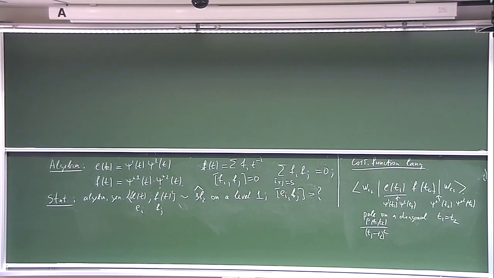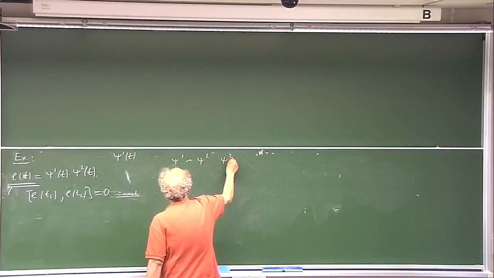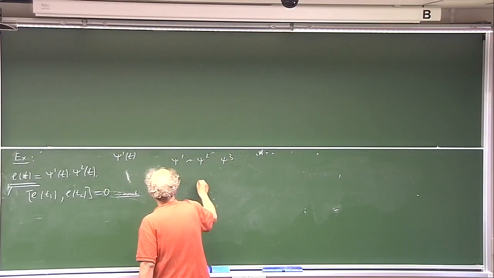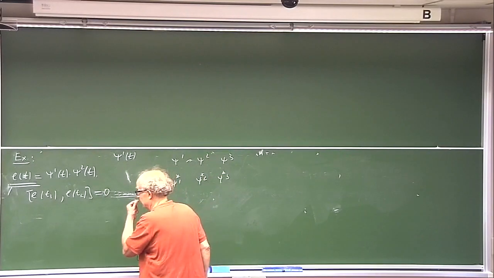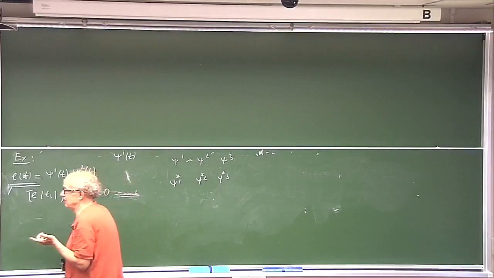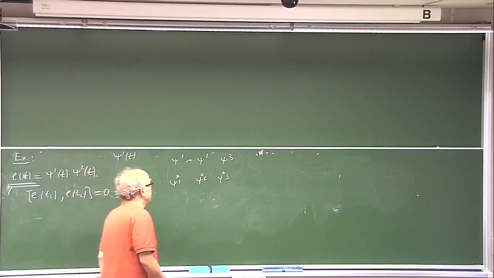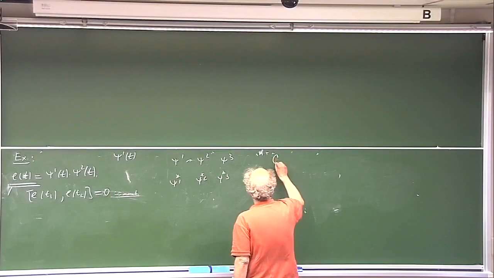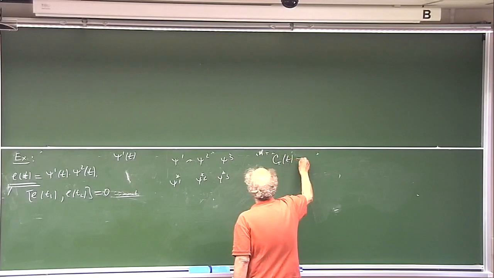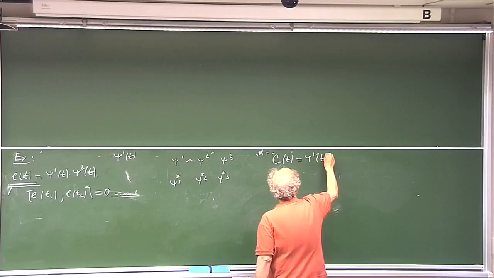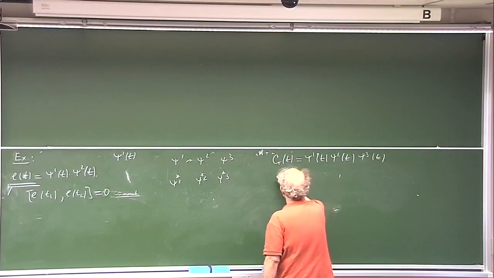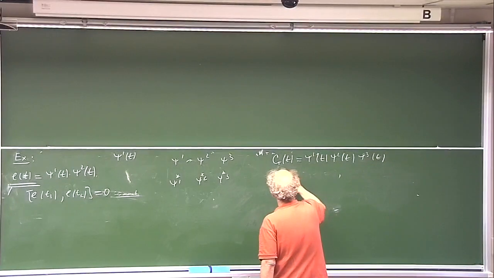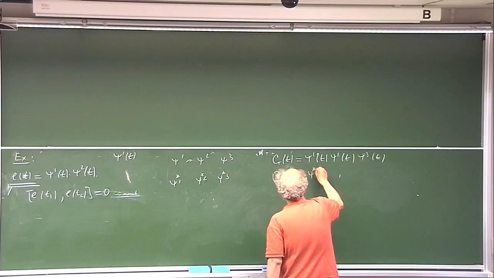So suppose I have the objects psi_1, psi_2, psi_3, and psi_1 star, psi_2 star, psi_3 star. So a three-component Clifford algebra. Why not? And I can write down, for example, G(t) equal psi_1(t) psi_2(t) psi_3(t), and in a similar story maybe introduce Q like this.